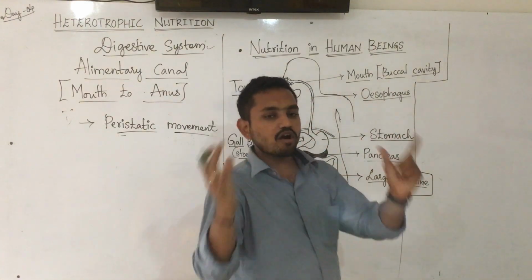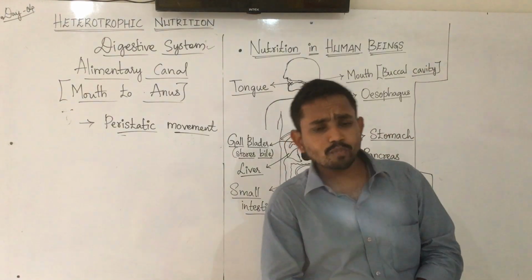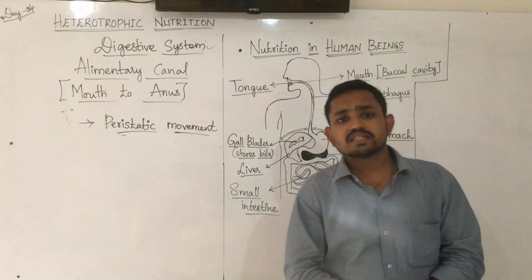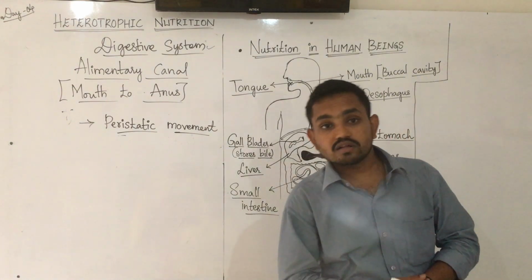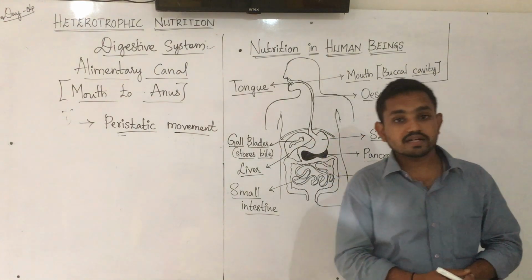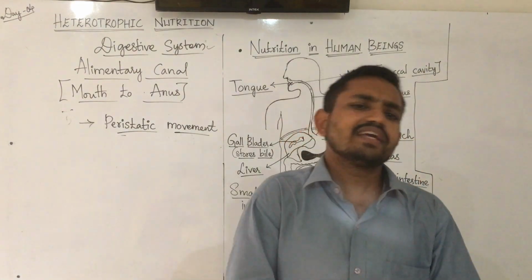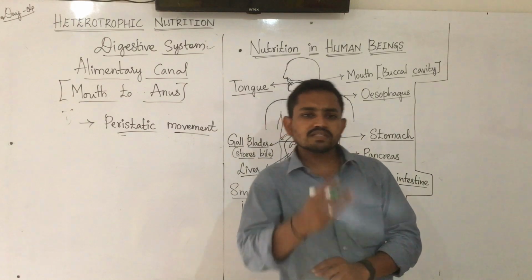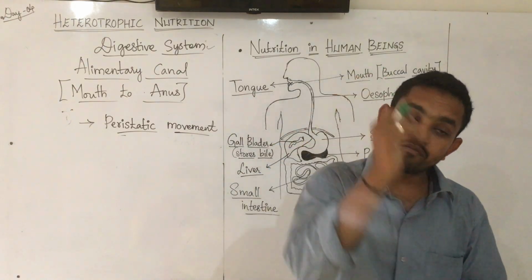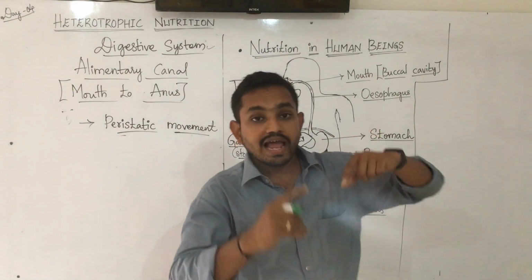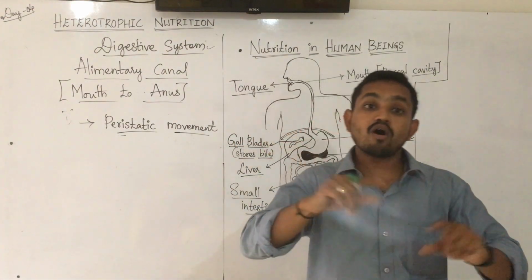So what is the stomach? It is a large, big organ. It contains some juices, and it releases HCl, generally called hydrochloric acid, which helps to make the food acidic. Half of the digestion process takes place in the stomach itself, and the complete digestion process takes place in the small intestine.